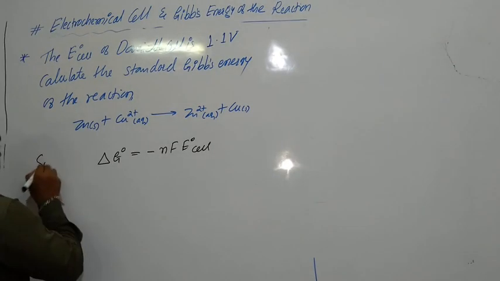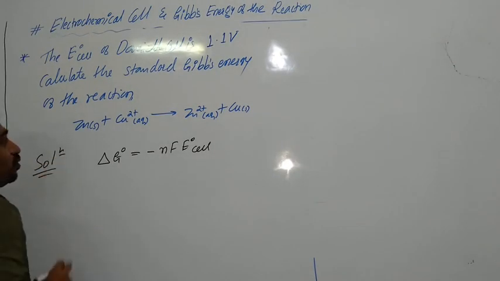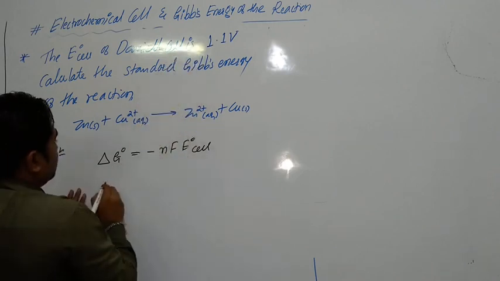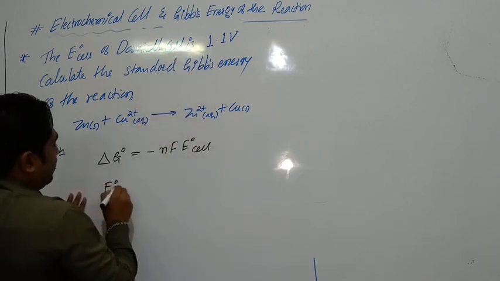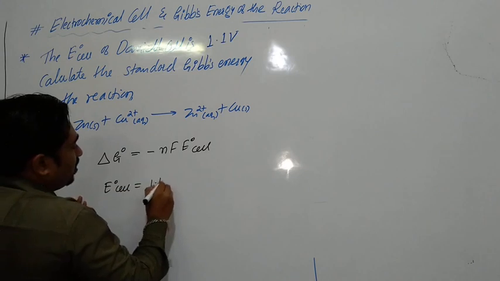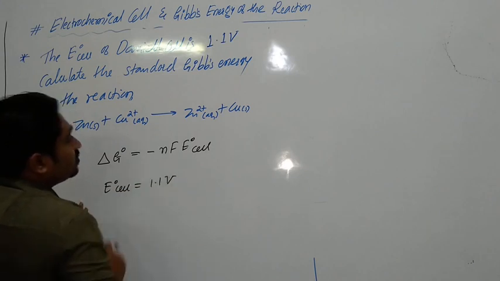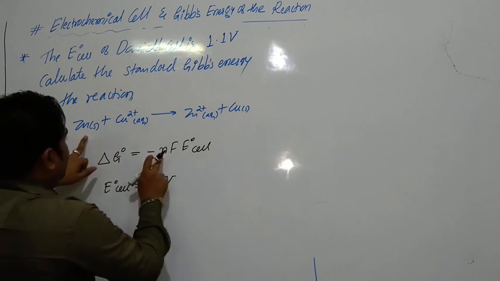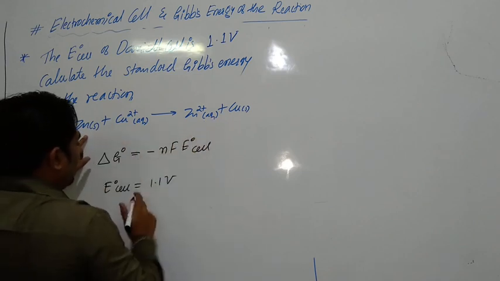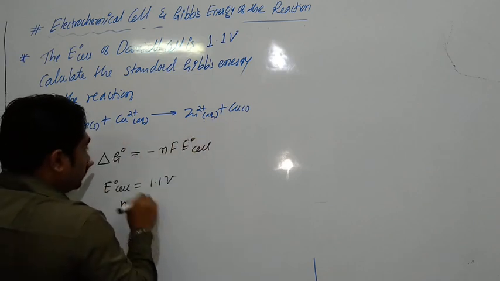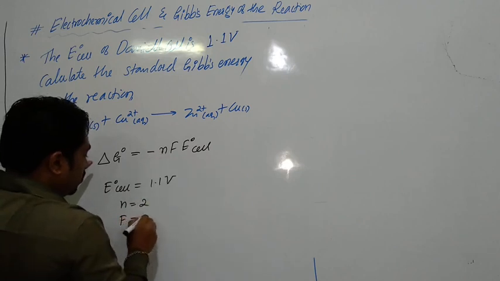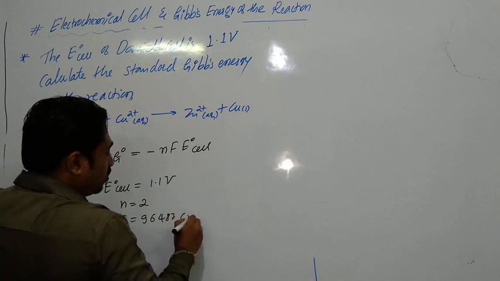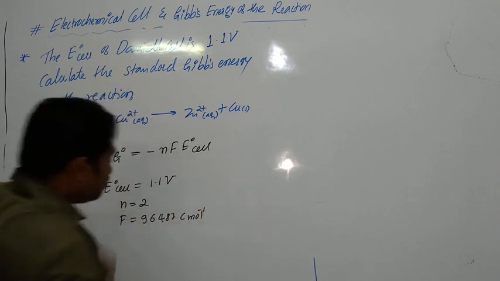So my solution. What is given here? They have given E0 cell, which is equal to 1.1 volt. What we require? n is equal to 2, since this is Daniel cell. What is F? F is equal to 96,500, or we can take 96,487 coulombs per mole.